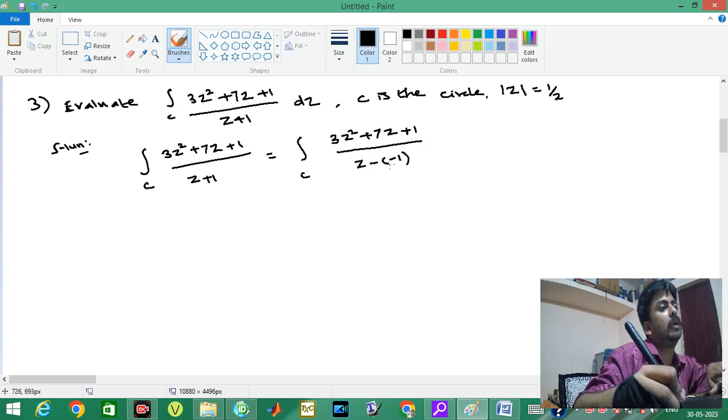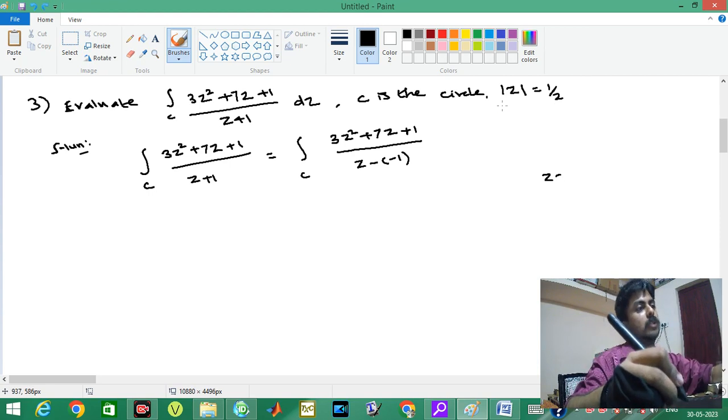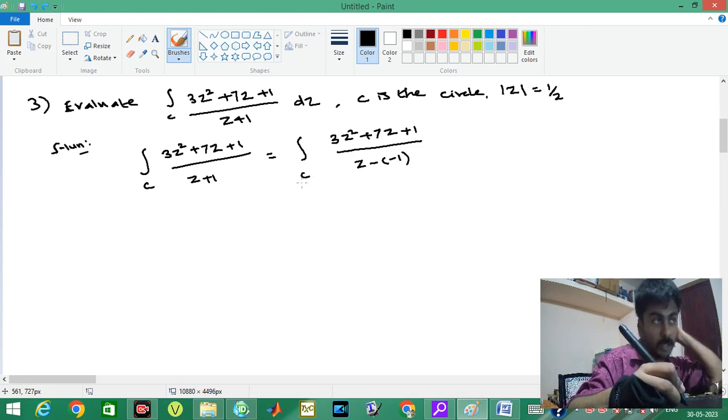Okay, z minus a, that should be in the denominator. Then only you can check whether z equal to a lies inside or outside this closed curve. That is why we are writing it in the form of z minus of minus 1.